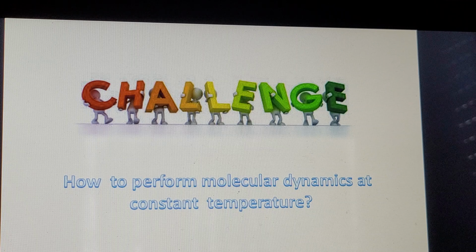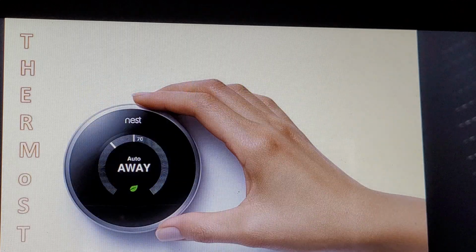So in this lecture, which is a review of the Andersen thermostat, I'm going to explain how we can make a thermostat to keep a constant temperature for your ensemble.